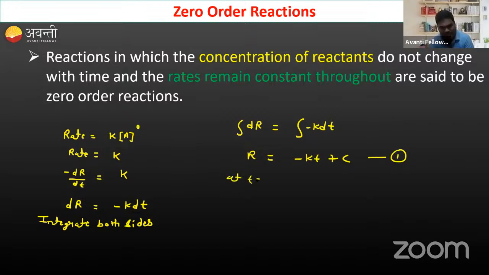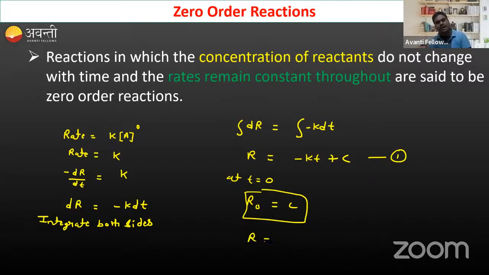When the time t is equal to 0, R is equal to R naught, which is equal to C. So the value of C comes out to be R naught.